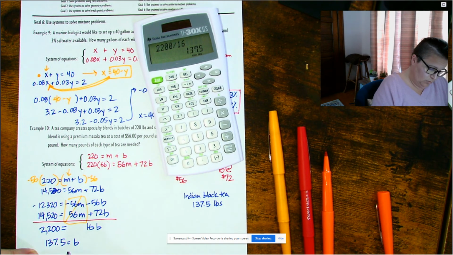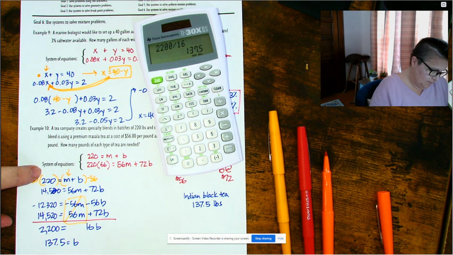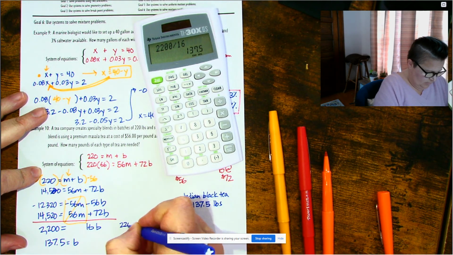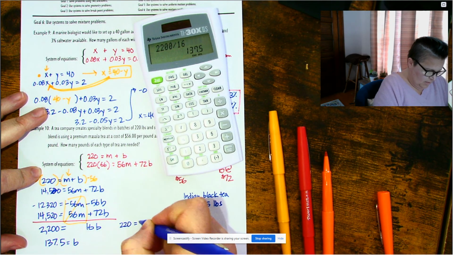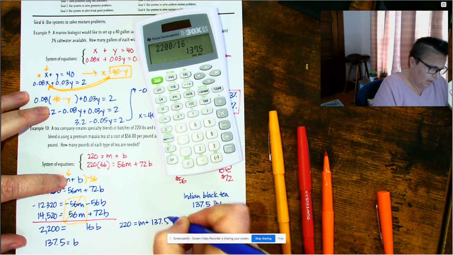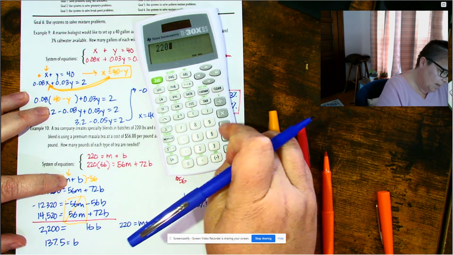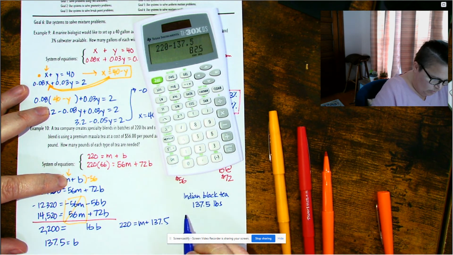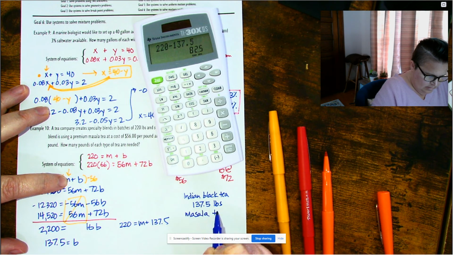If that's true, then the masala, since 220 has to equal M plus the B of 137.5, 220 minus the 137.5 is 82.5. So the masala tea should be 82.5 lbs.